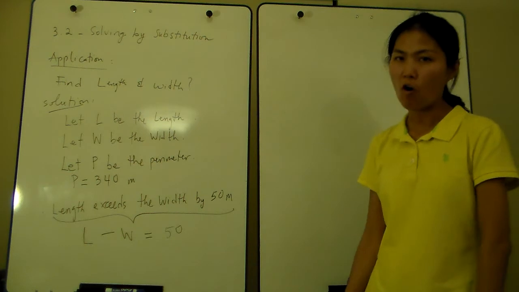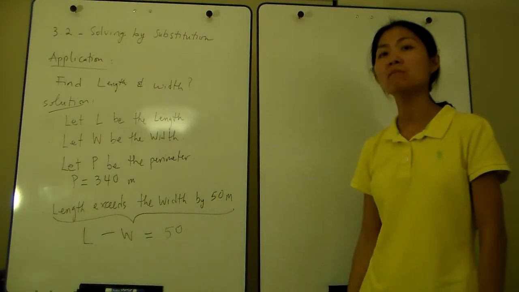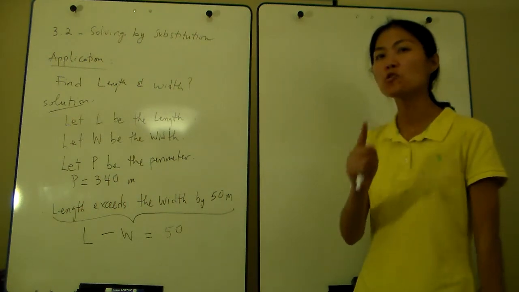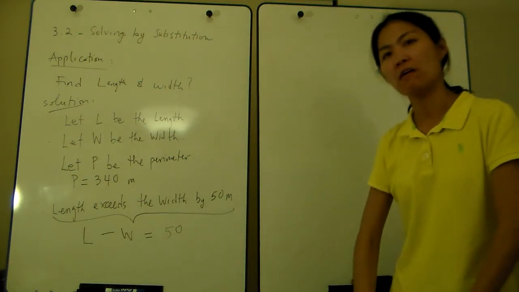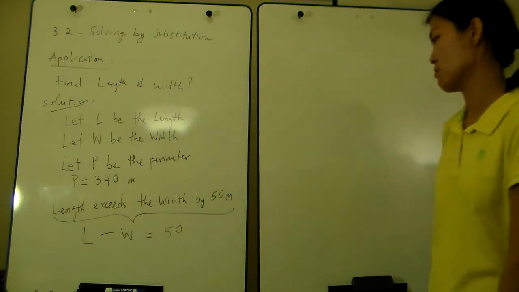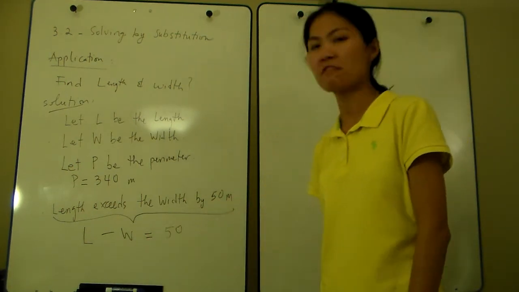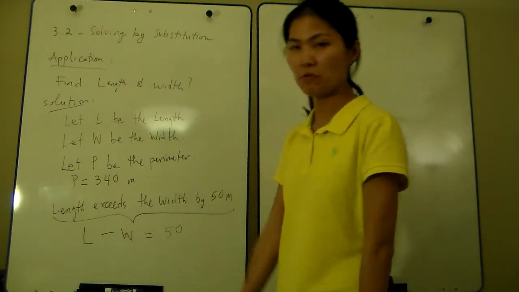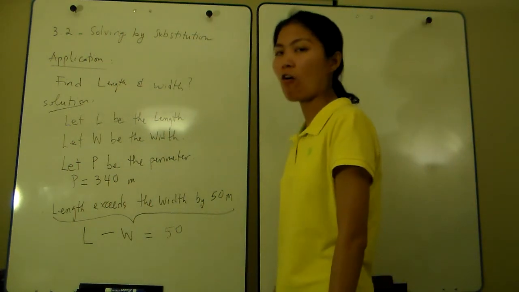Now remember, to solve for two variables, you need minimally two equations with the same two variables. So far we only have this equation, L subtract W equals 50. We need one more equation so that we can find L and W. Without the second equation, we cannot solve.